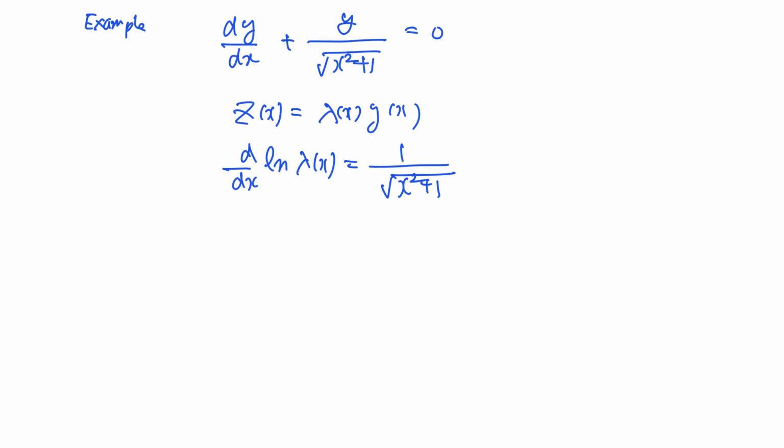I just covered the logarithmic derivative, which gives 1 over the square root of x squared plus 1, which is lambda x equal to x plus the square root of x squared plus 1, right?